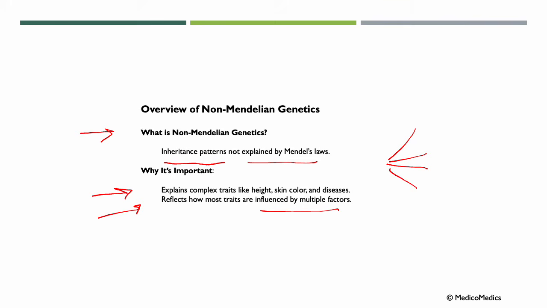We have sex-linked traits, so genes carried on sex chromosomes like color blindness or hemophilia. Mitochondrial inheritance, traits passed only from the mother via the mitochondria. And epistasis, where one gene affects the expression of another. So understanding these patterns is essential in genetics, medicine, and evolution, as most traits result from complex interactions rather than simple dominant recessive rules.